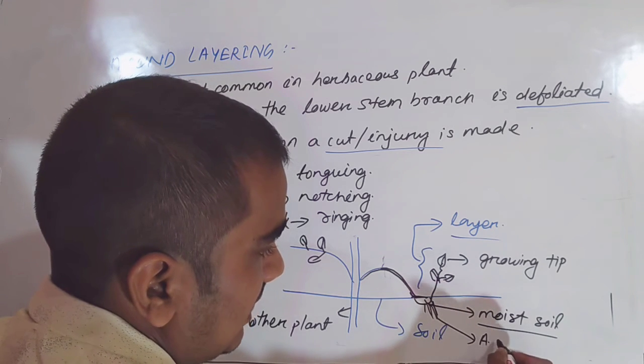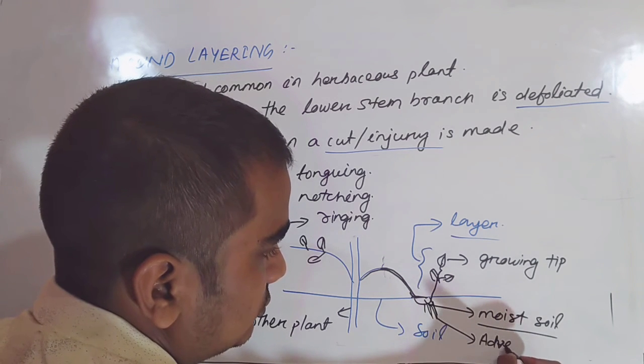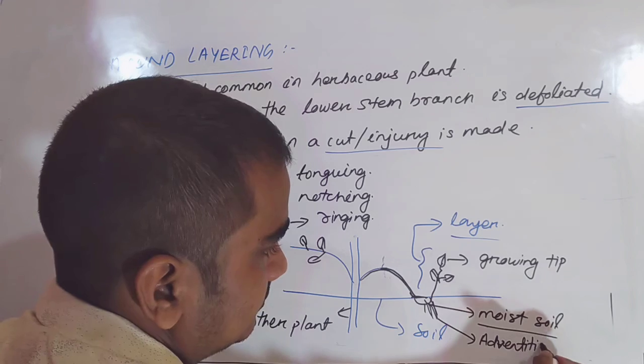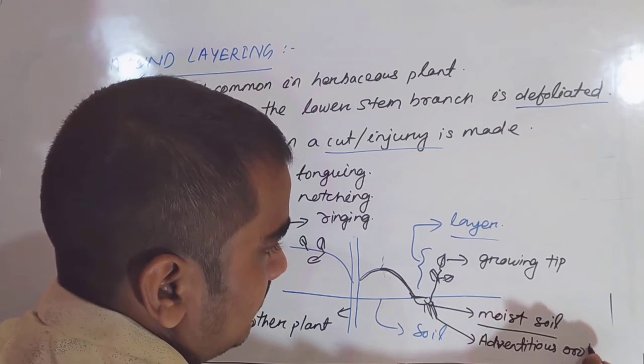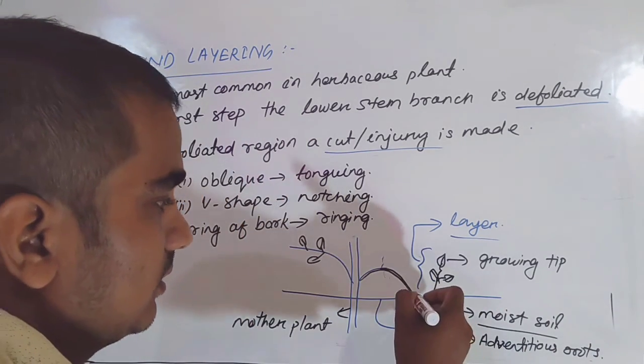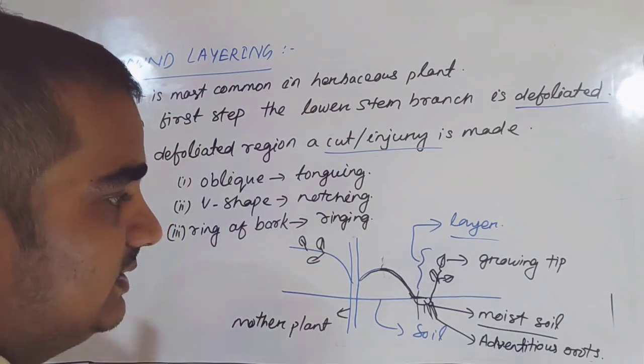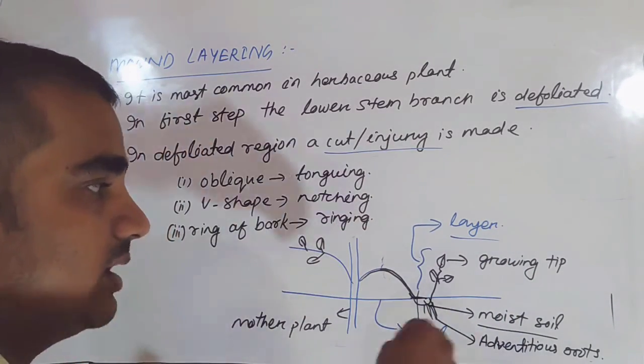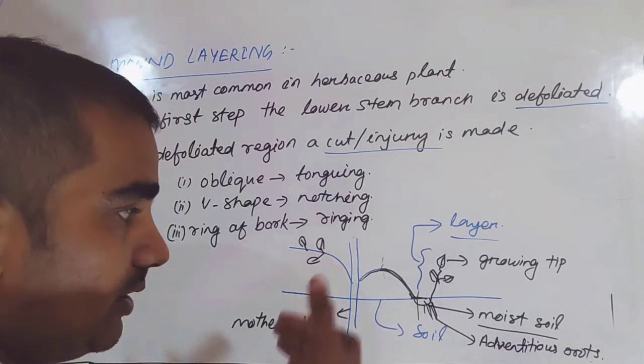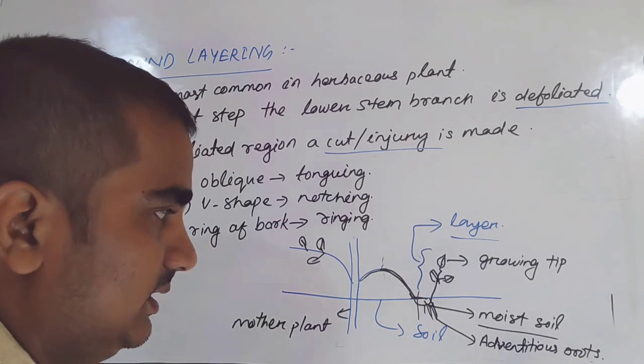These are the adventitious roots, and we can cut here. Now the layer, this part, is free and it can be planted in the soil independently.